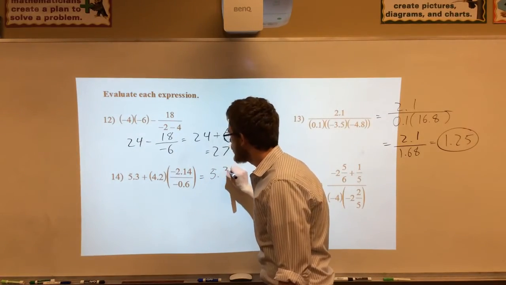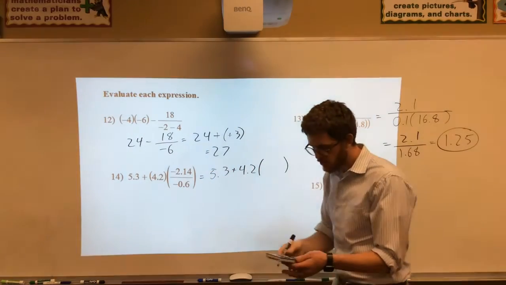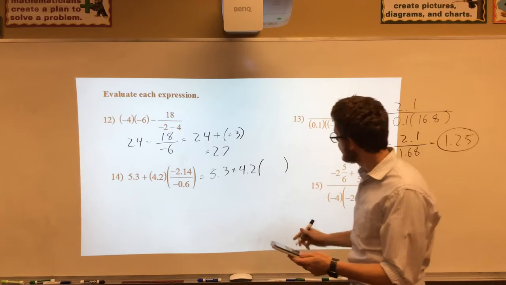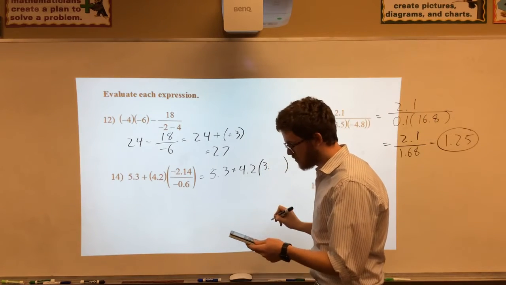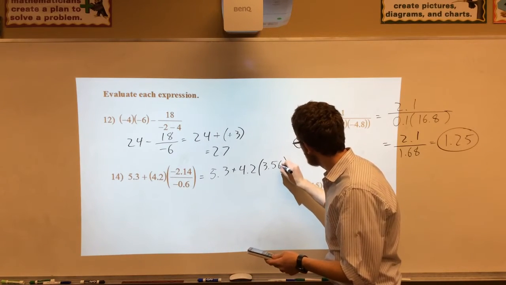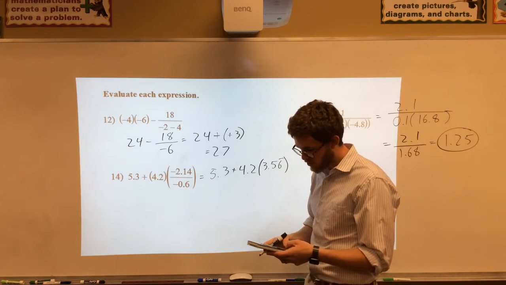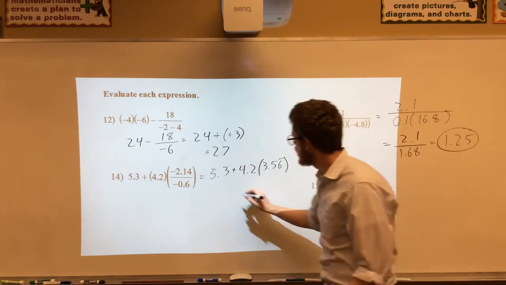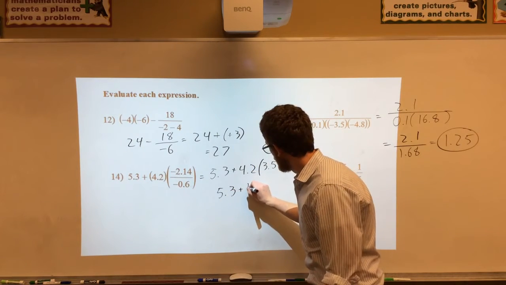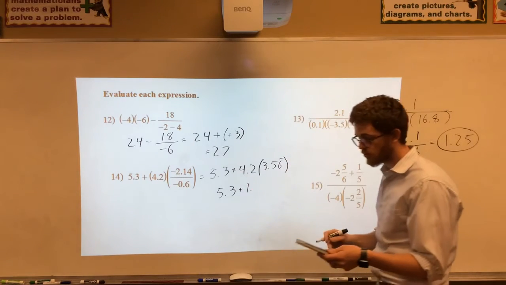Moving on to number 14, same idea, work in my grouping symbols first. So I've got 5.3 plus 4.2 times negative divided by a negative. We know it's going to be a positive. This gives us 3.56 with that 6 repeating. When I multiply this times 0.42, I have 5.3 plus 1 point, sorry, that was 4.2.